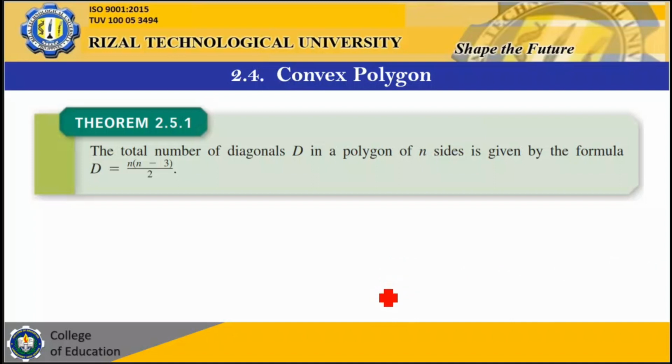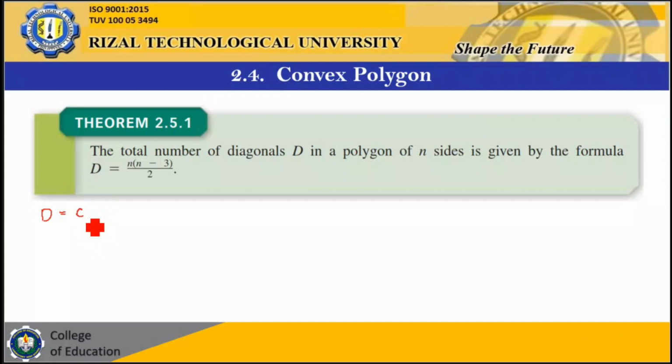To make the diagonals, we need to choose the number of pairs of 2 vertices that can be formed from the n number of vertices. The diagonal can be determined by the number of pairs of 2 vertices, and that's a combination.